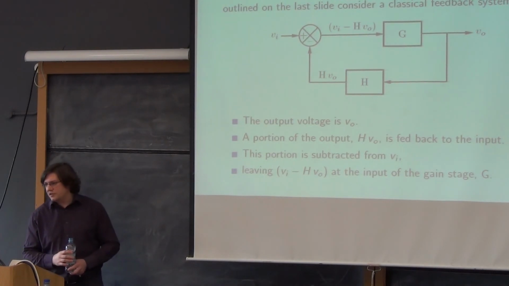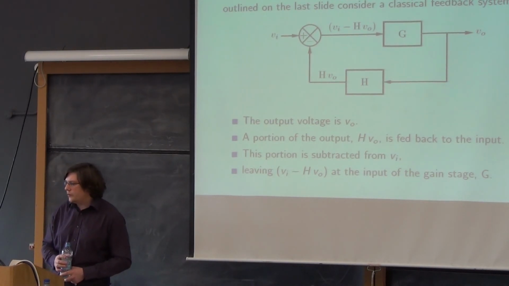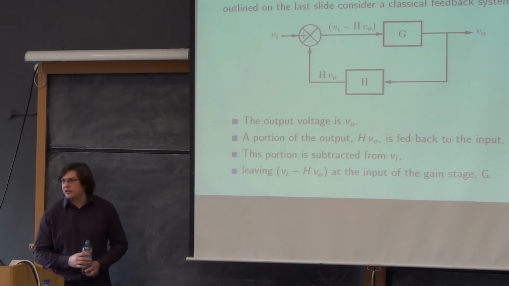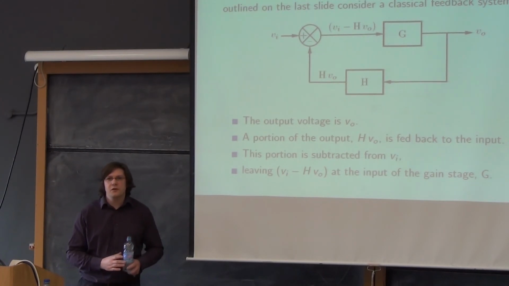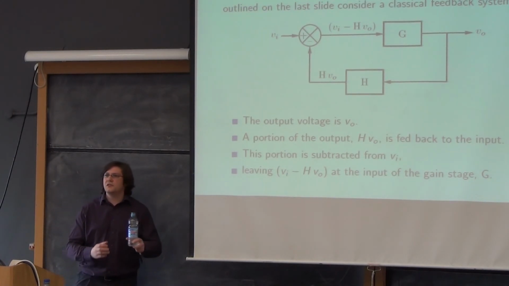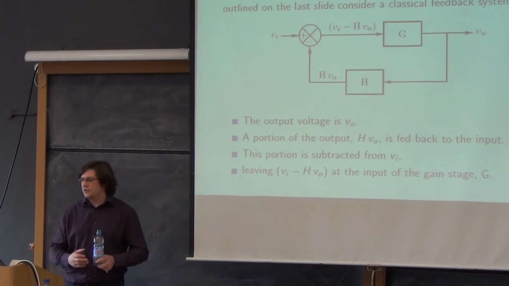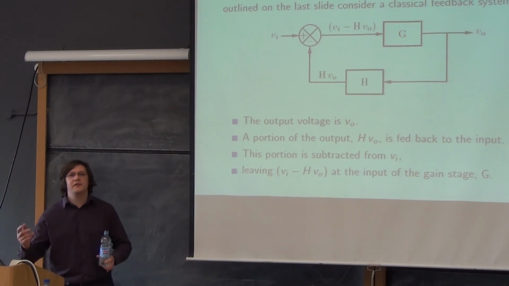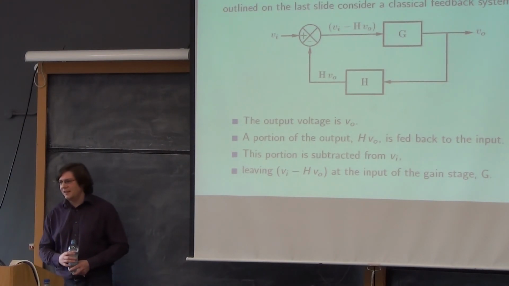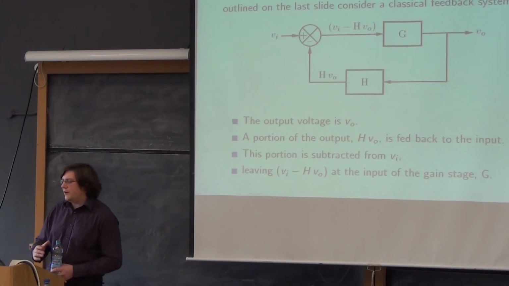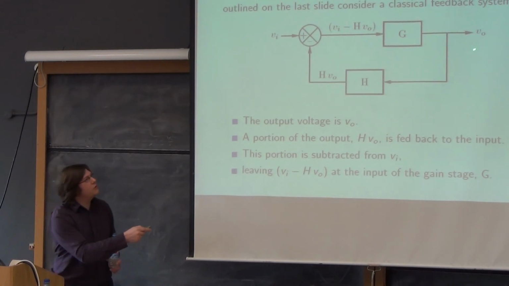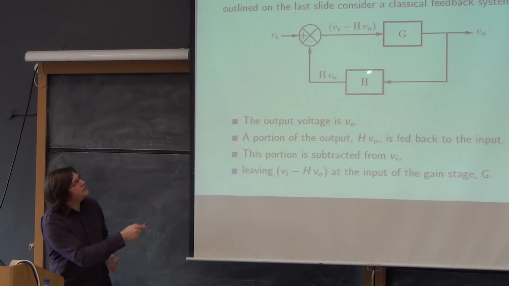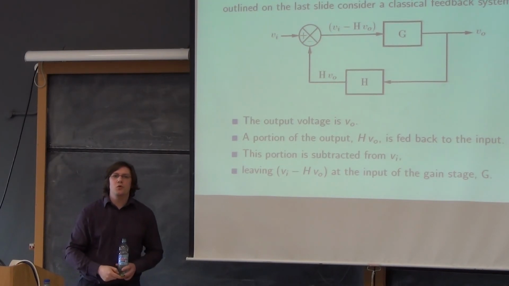And what it boils down to is this block on the slide, where we've got an input VI, which enters into a block which subtracts one signal from another. Don't worry about whether they're voltages or currents, just think of them as signals. If you want to attribute something to them, just call it A sine X or T or whatever. And it will subtract the value of H VO. So we have an output as well, and we will have some block here which does something to the output, oftentimes makes it smaller.